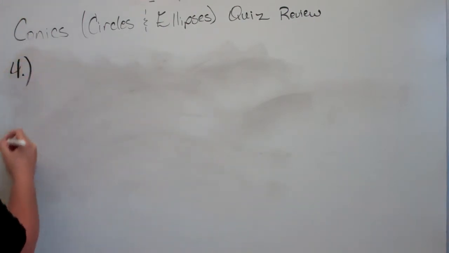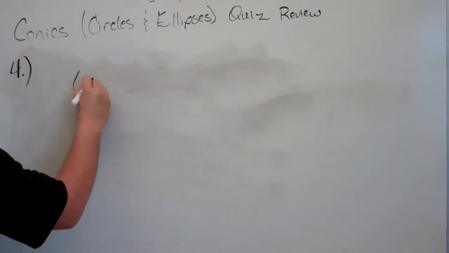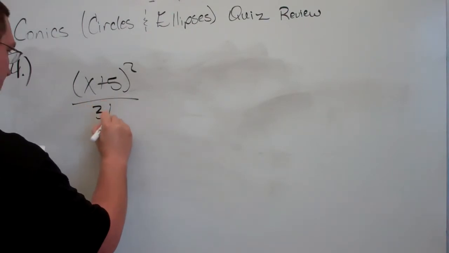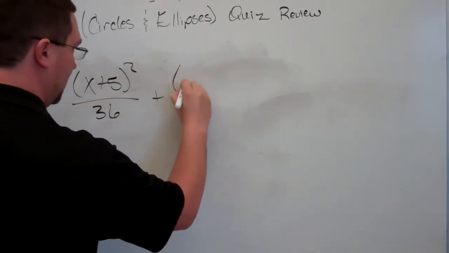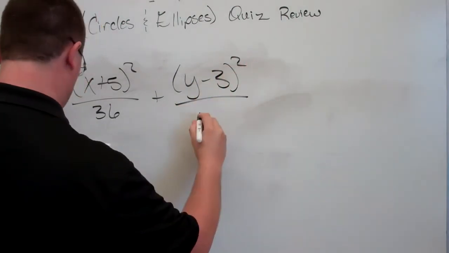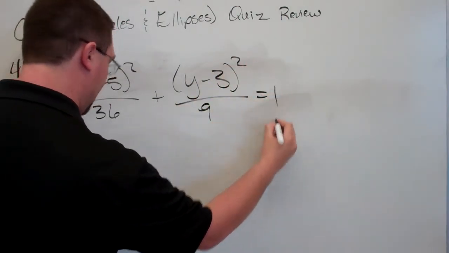Number 4 is about an ellipse. We have x plus 5 squared over 36 plus y minus 3 squared over 9 equals 1.